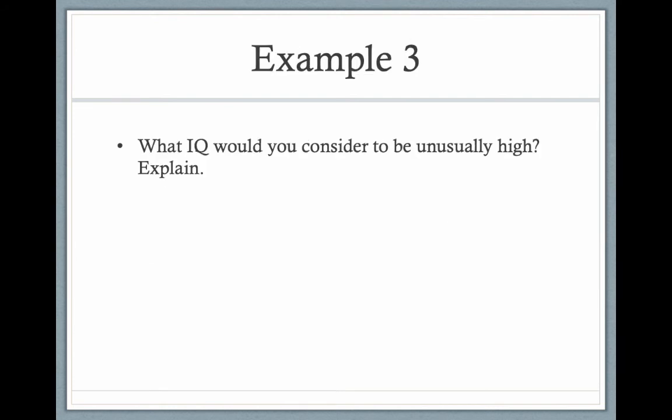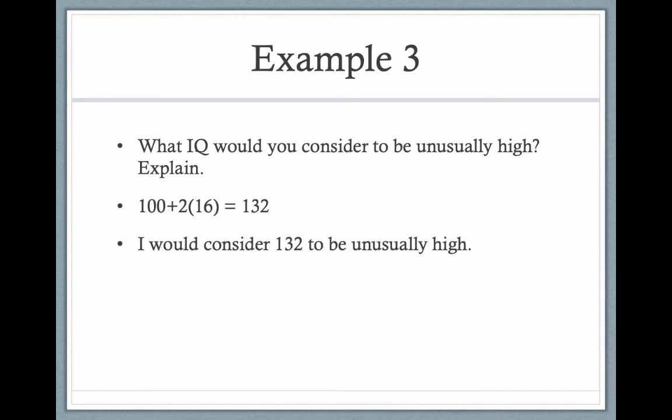So back to our IQ example, what IQ would you consider to be unusually high? So anything that's 2 standard deviations or more. So let's figure out what the first value for that would be. So 100 plus 2 times 16 is 132. I would consider 132 to be unusually high. Anything above it would be also.